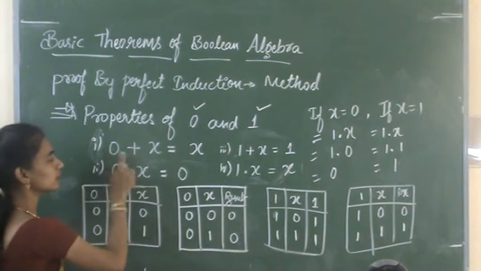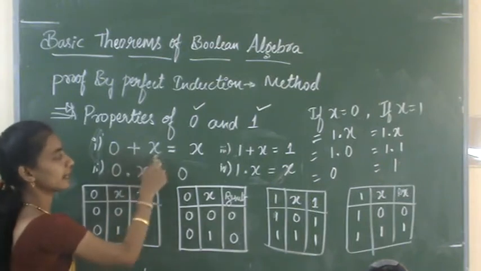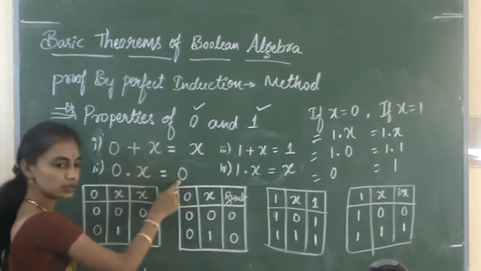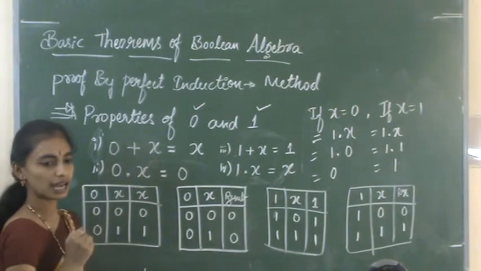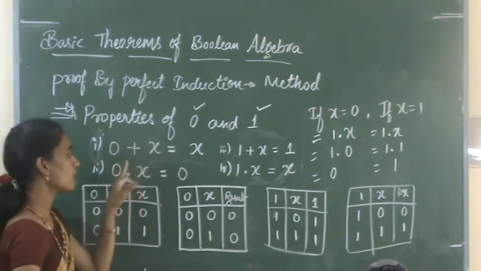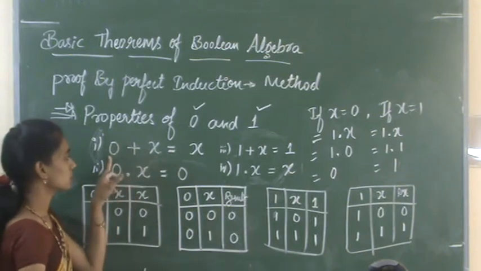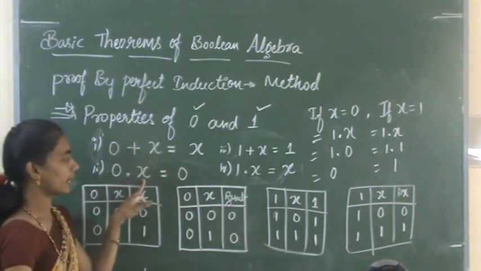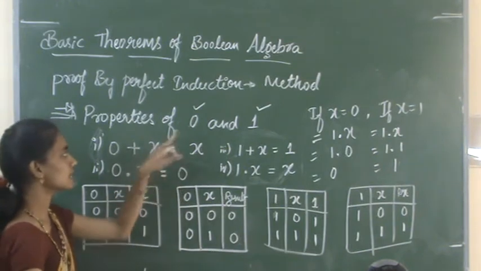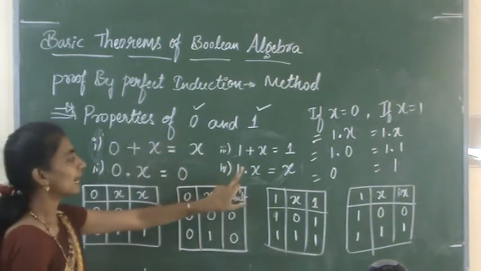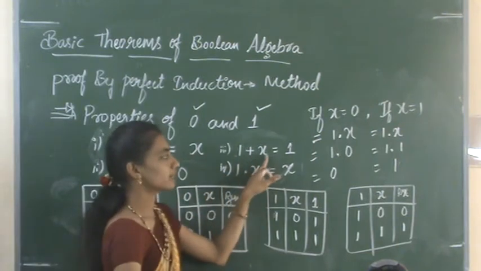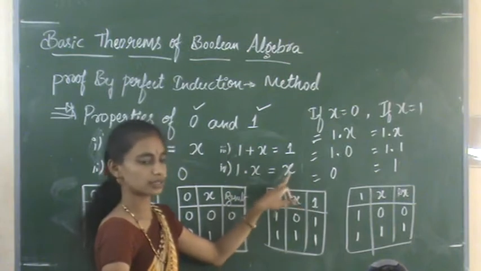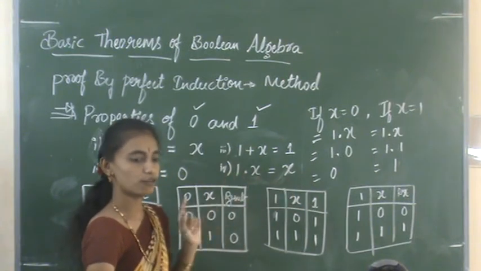So this is the theorem: 0 or x is equal to x, 0 and x is equal to 0. So this is the 0 property. And 1 or x is equal to 1, 1 and x is equal to x. So this is the property of 1.